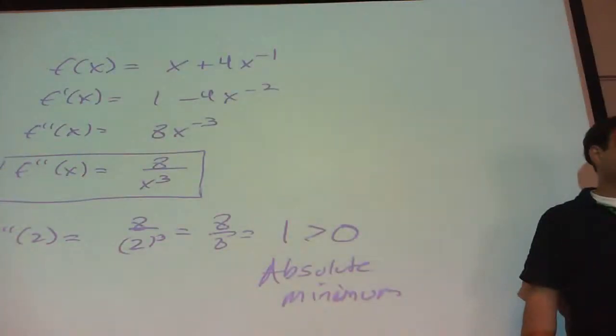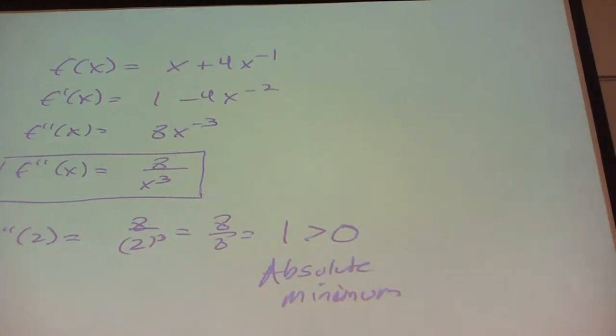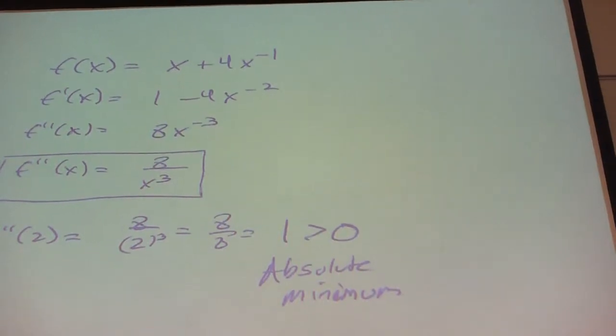Are we okay? It's just a way to verify, just like the sign chart. Remember I told you the sign chart wasn't my favorite, but it's a nice way to check what's going on. I think this is the same thing. This is good to check, but you have to remember, greater than 0 means it's an absolute min. Less than 0 is an absolute max. We okay?